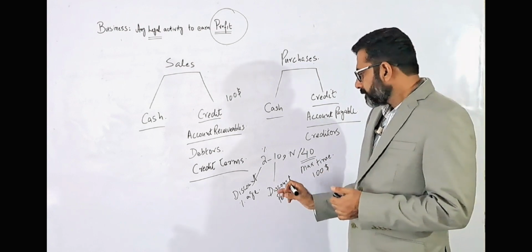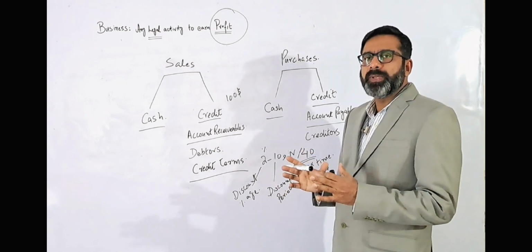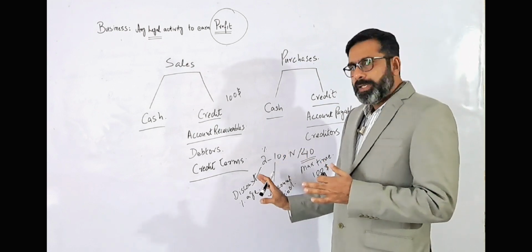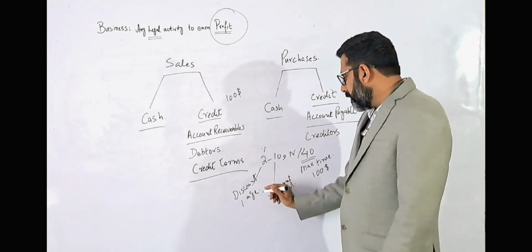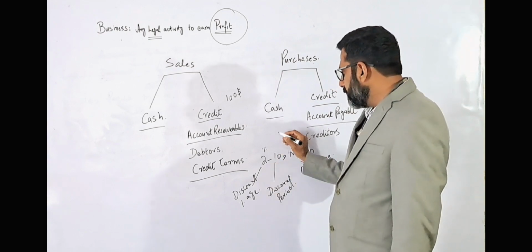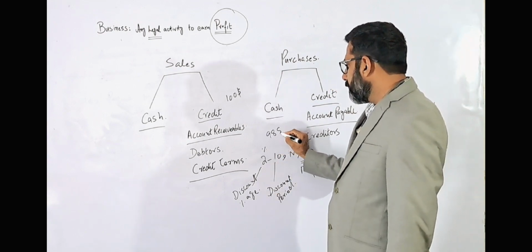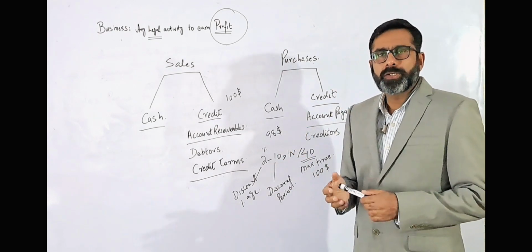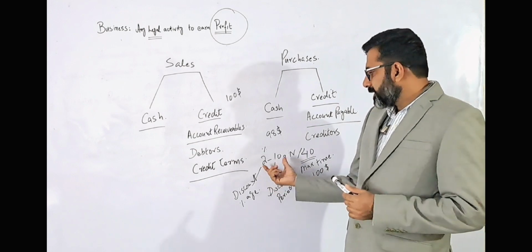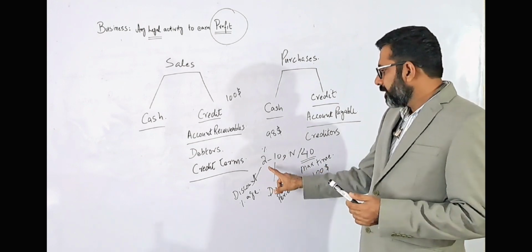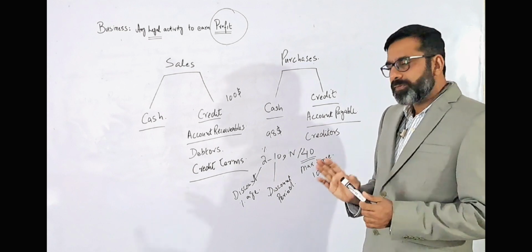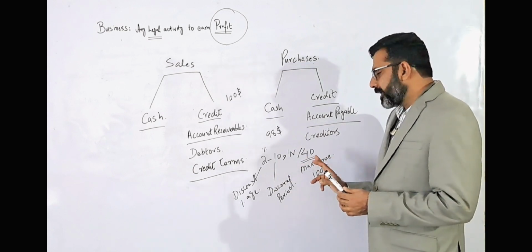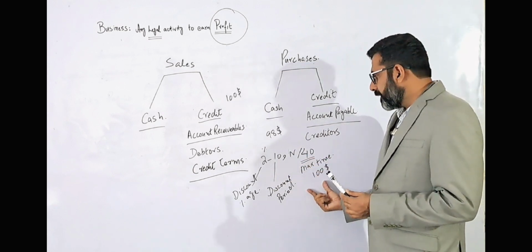But if the customer thinks that he or she will pay in the first 10 days, they do not have to pay the $100. There will be a 2% discount, which means the customer will pay you $98. So in the first 10 days the customer pays $98, but after 10 days until the maximum period, that is 40 days, it will be $100.